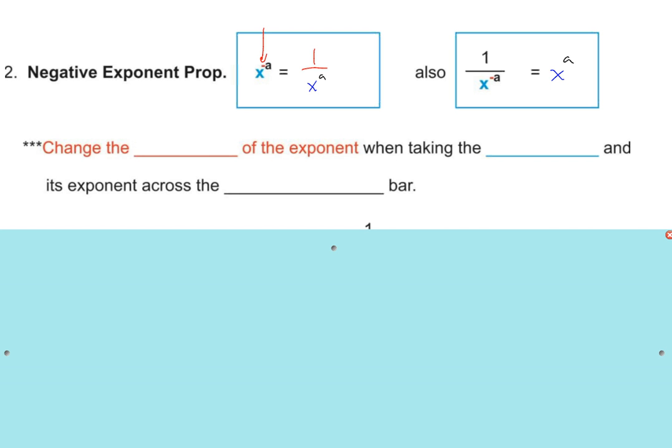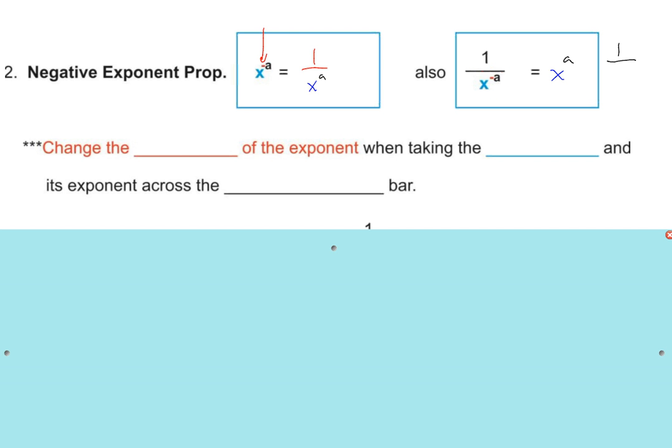Now, if you want to be technical, you can put this in your notes or not. I really don't care. But here's technically how you get there. Let's go back to the original. I'm doing the 1 over x to the negative a.